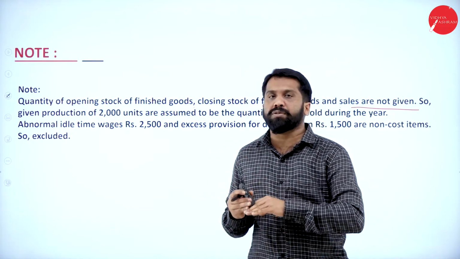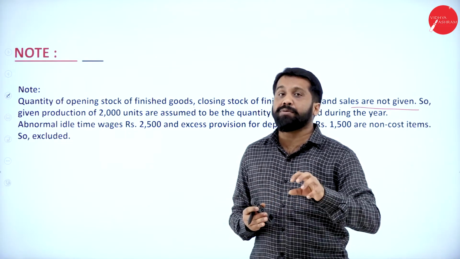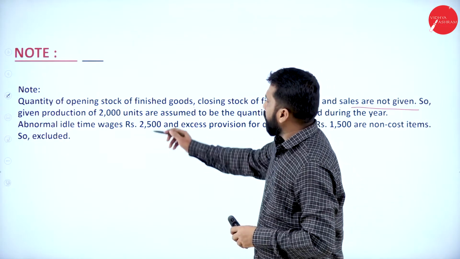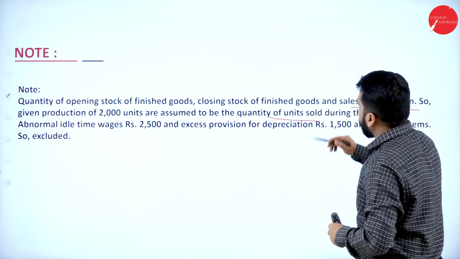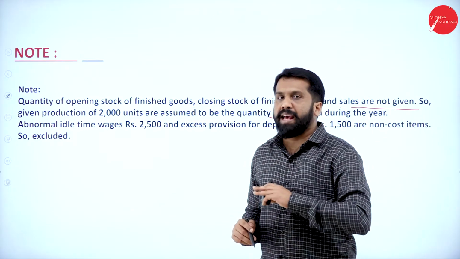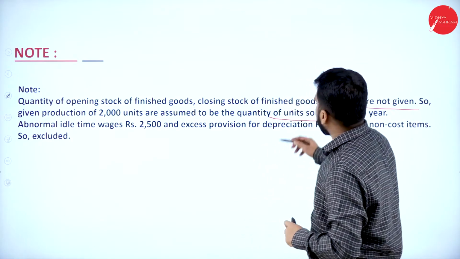Up to your finished goods, we should calculate for 2,000. Later, we should go for 1,900. We'll do problems on that. You will understand better then. Assumed to be the quantity. So that's why they have not mentioned anywhere the number of units. So everywhere we consider 2,000 as the number of units.